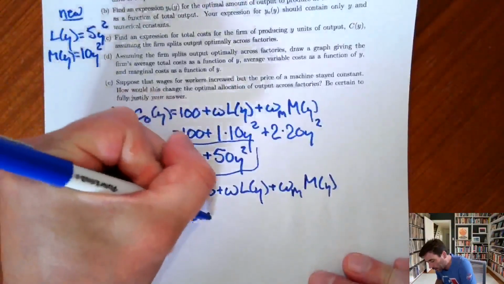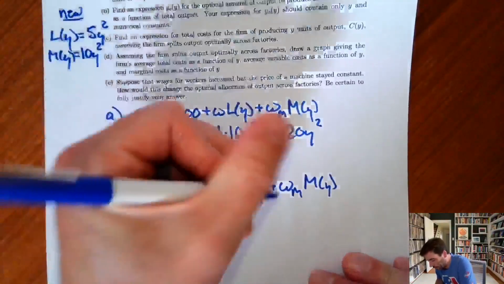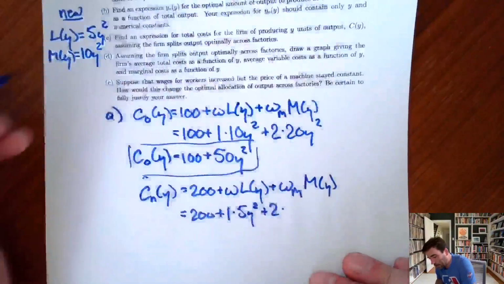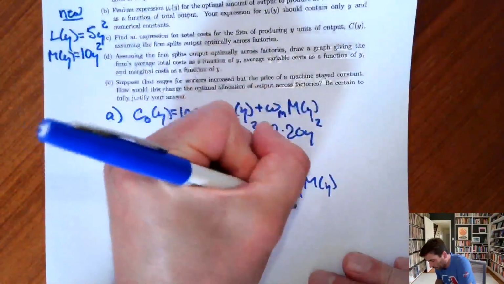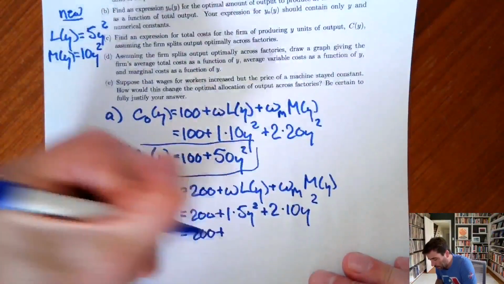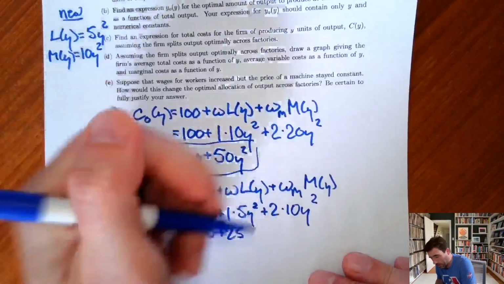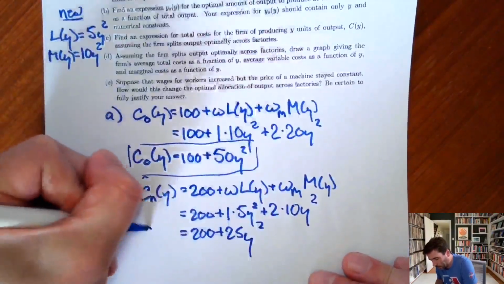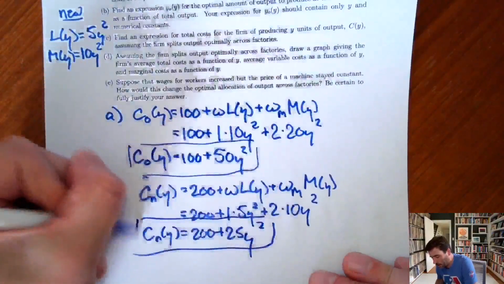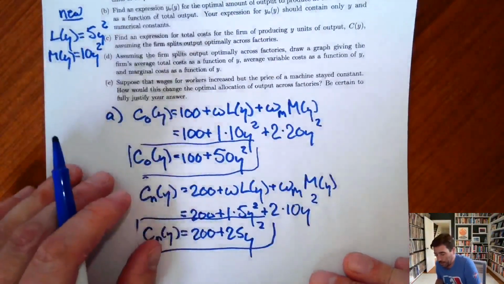So we've got 200 plus 1 times 5Y squared plus 2 times 10Y squared. All right, so all of that is going to give me 200 plus 5Y squared plus 20Y squared, so that's 200 plus 25Y squared. There is my final answer for the new factory cost function. All right, so part A done.